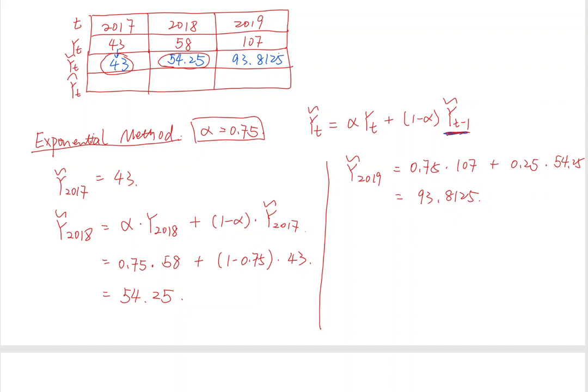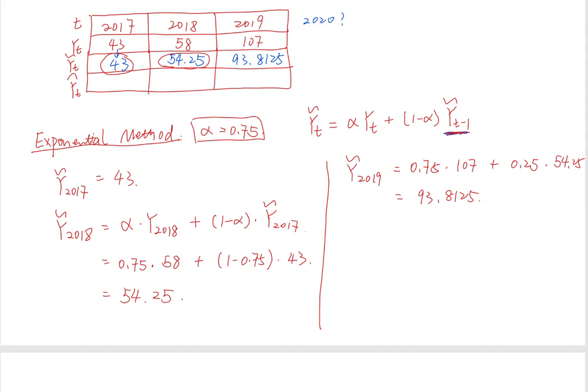Why don't we have it for 2020? Because you don't have the current value then, so you cannot calculate the estimated value for 2020. Alright, and then next we need to get the predicted value for each year. Do we have the predicted value for 2017? Remember, we need to use the previous estimated value to make the prediction for the current value.